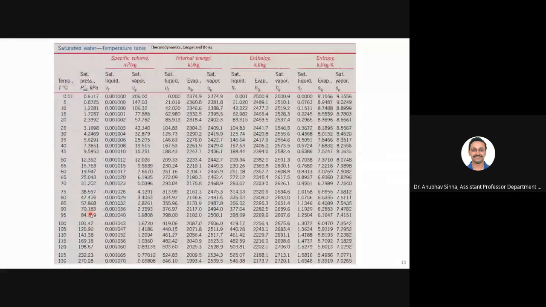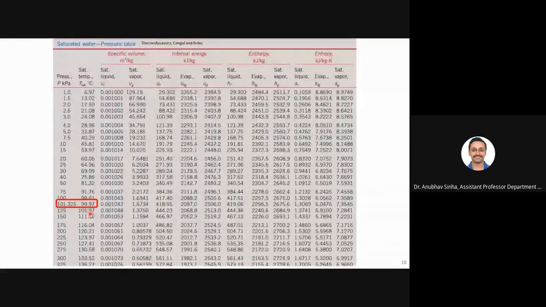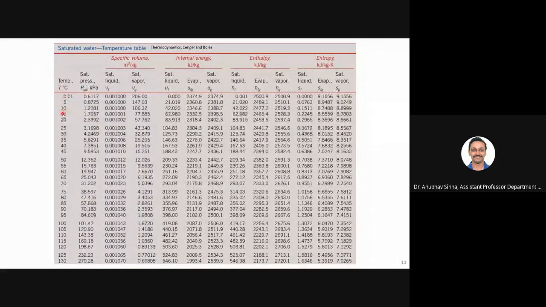Now let us see another table, which is arranged as per temperature. So at different temperature values, we see the values of other properties. If I want water to boil exactly at 100, then this has to be the pressure. This is the atmospheric pressure where water will boil at 100 degrees Celsius.